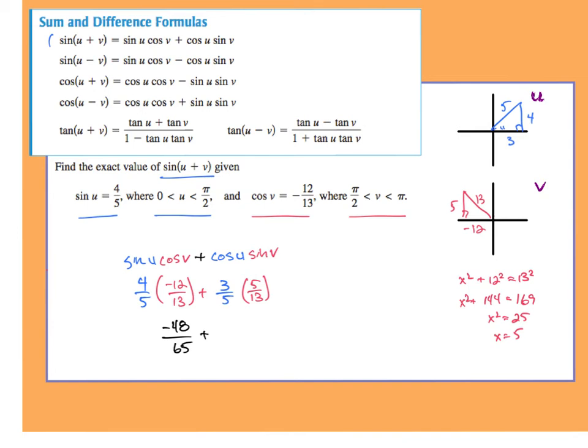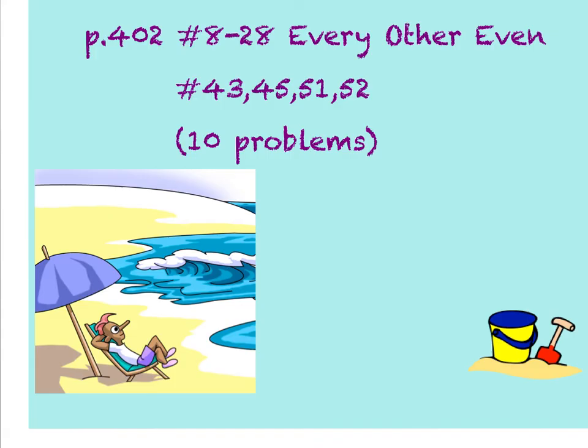And then plus, what's 3 times 5? 15. And then 5 times 13 is? Wow, it gave you just common denominators. That's so nice. All right, and what do we get? Negative 33/65.